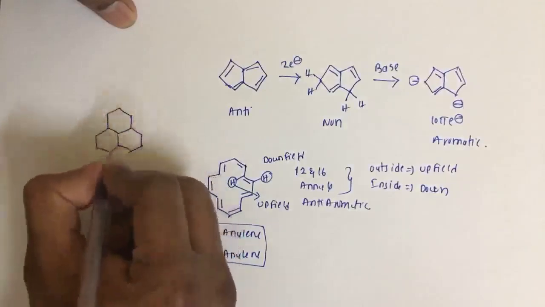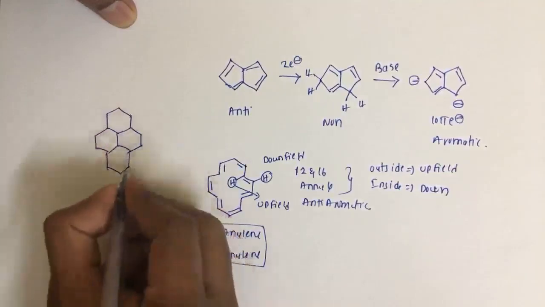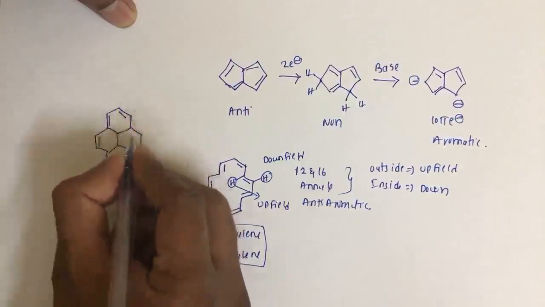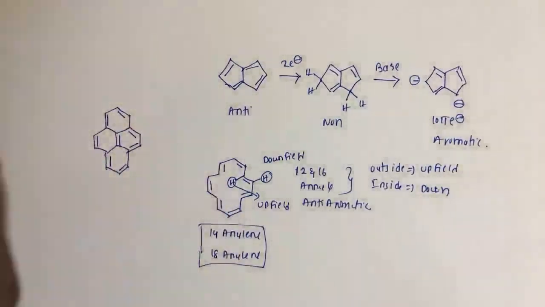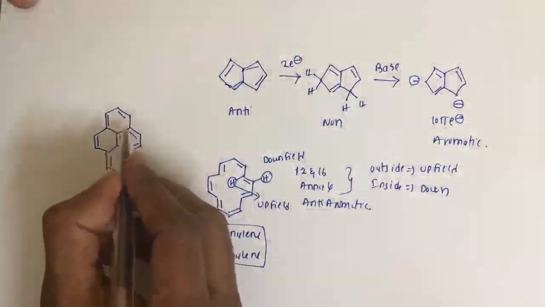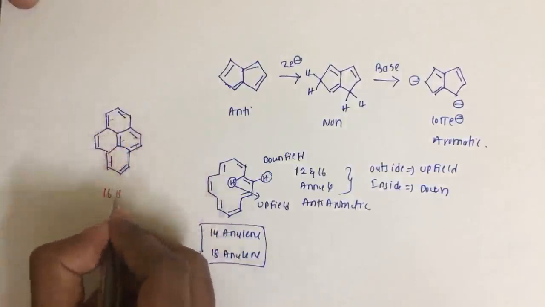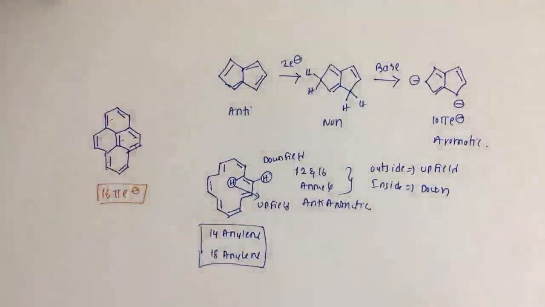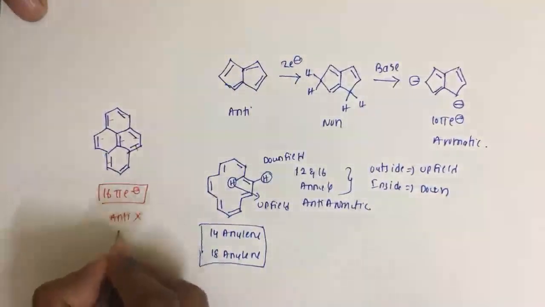And here this compound is very important. Just count the number of pi electrons: 1, 2, 3, 4, 5, 6, 7, 8. So it is a 16 pi electron system, but this is not anti-aromatic, this is aromatic.